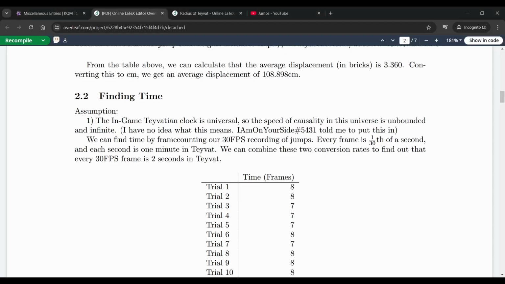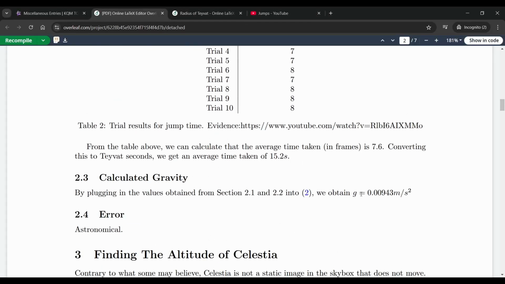Especially when you consider this gravitational acceleration, that is really weak. For reference, the gravitational acceleration on the surface of the Earth is approximately 9.81 meters per second squared.